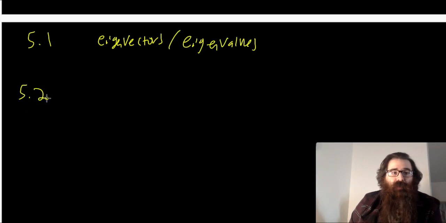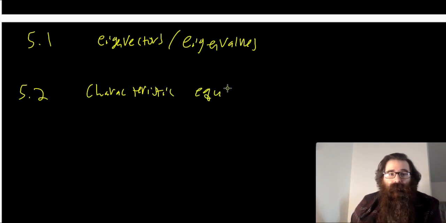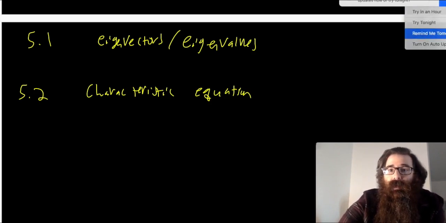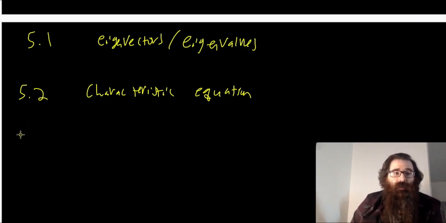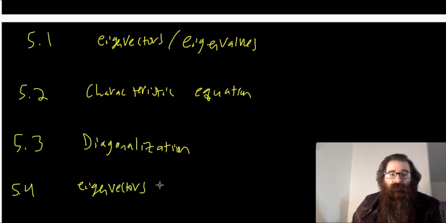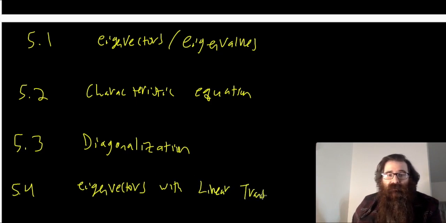And there was 5.2 on the characteristic equation. 5.3 on diagonalization. 5.4 on eigenvectors with linear transformations.